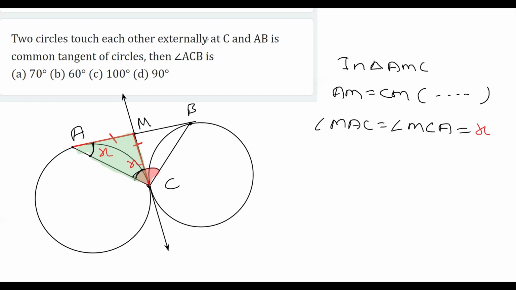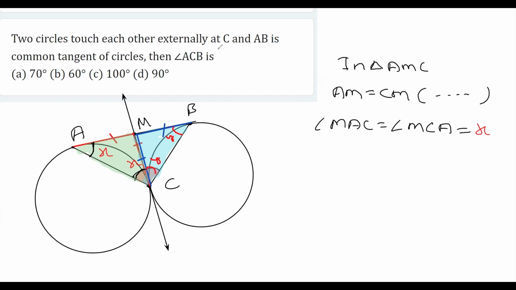Similarly, we can also figure out on the other triangle, let's say this one. Here too, you can observe that from tangents from the same exterior point, I can write these two sides as equal. And that's how we can say that this angle should be equal to this angle.